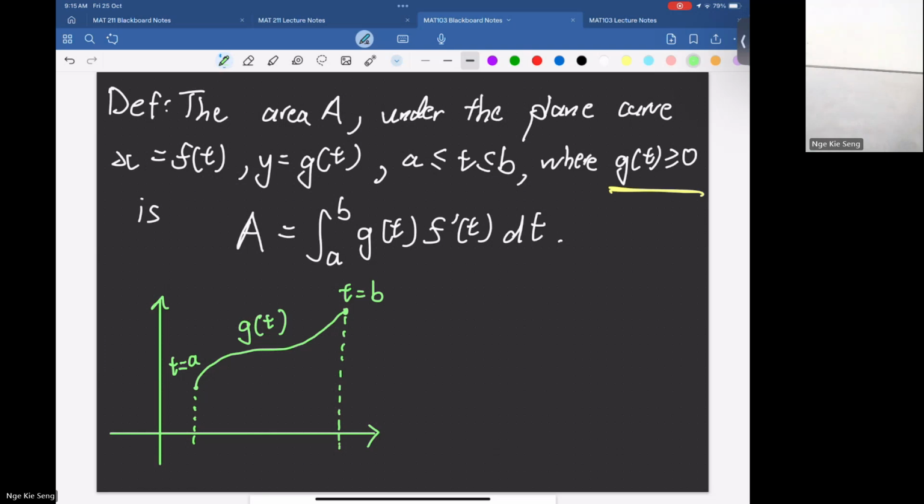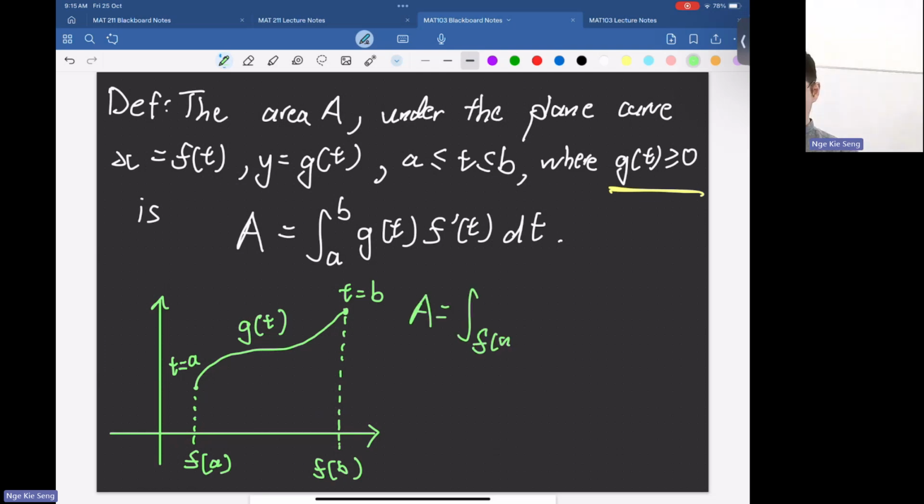If you learned in calculus one, what do you need to compute the area under this curve? You need to first get the endpoints. What are the two endpoints here? f(a), f(b).